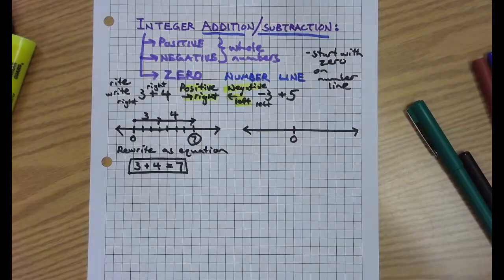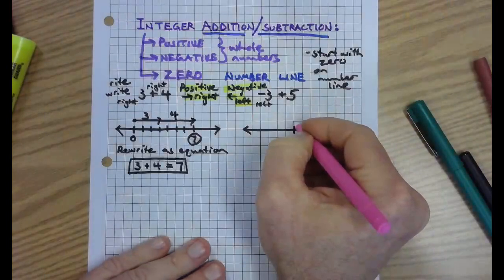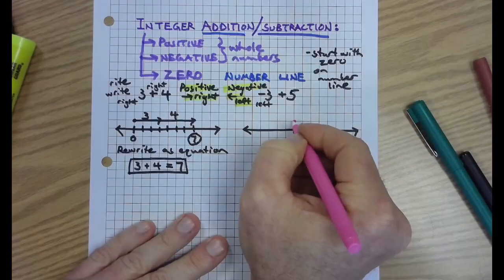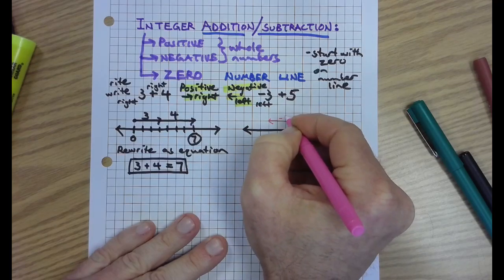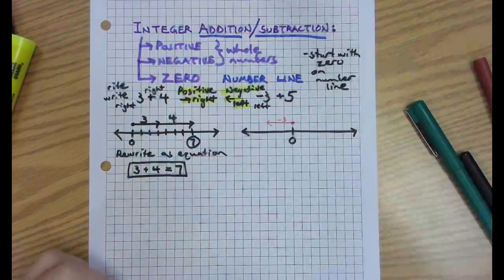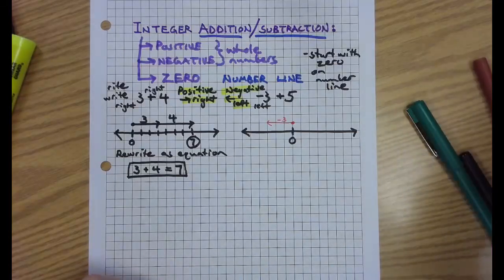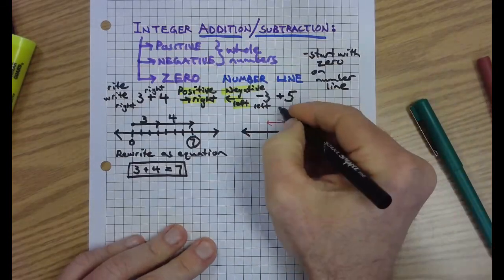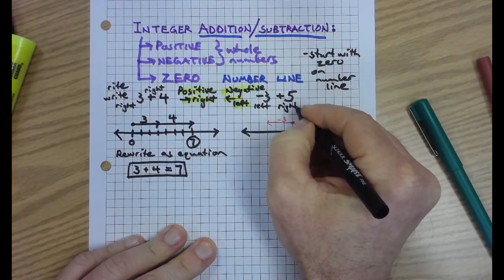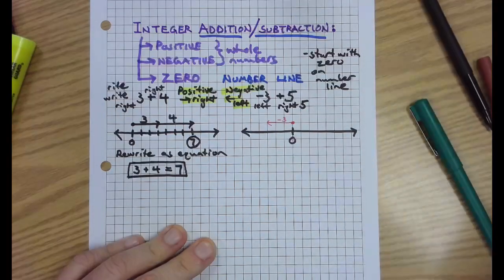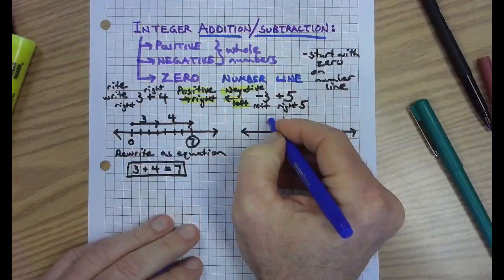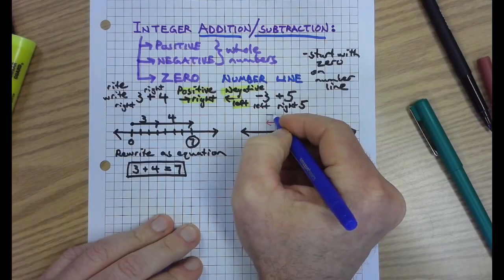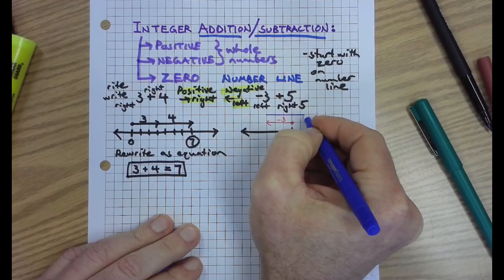I'm going to switch pen colors here. Let's go pink with a skinnier marker. Starting at 0, going left 3, marking it. And then we're going right 5. You got it. So from that left 3, we're going to go back the other way. 1, 2, 3, 4, 5.